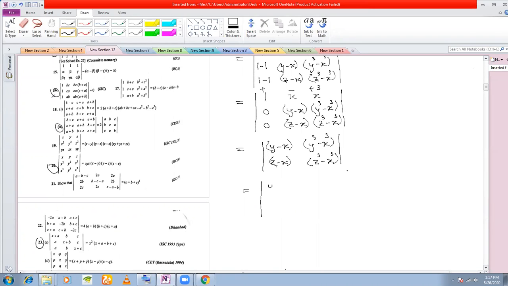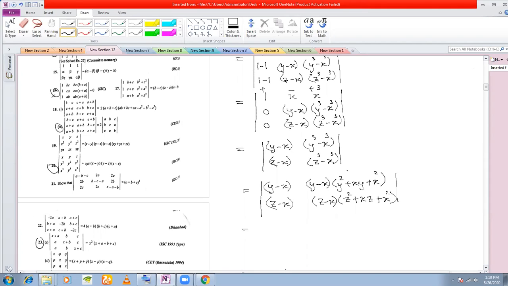Don't expand here. You see a y minus x here. You see a cube minus b cube. First write a cube minus b cube form: a minus b into a square plus ab plus b square. And then again z minus x, and you write this as a minus b into a square plus ab plus b square.